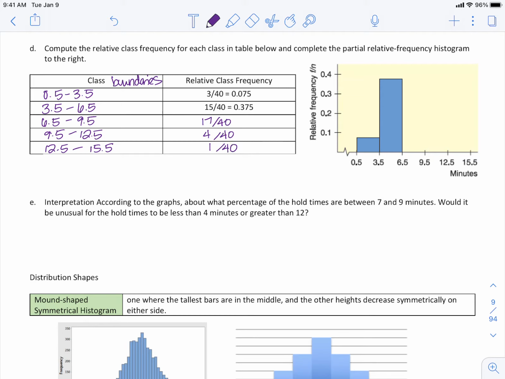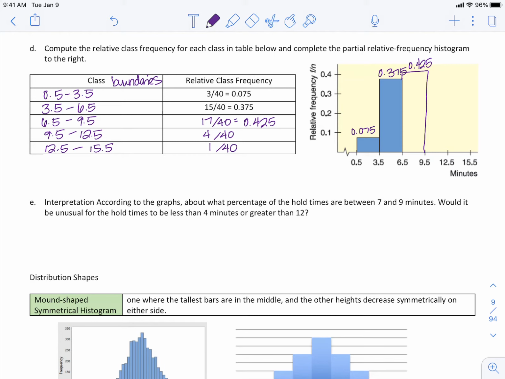Our first two relative frequencies were given to us. This first one was 0.075. The second one was 0.375. The third one, 17 divided by 40, is 0.425. So then we're going to draw this in on our graph. So this is 0.425.